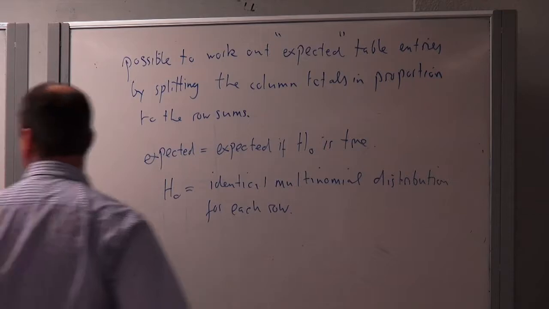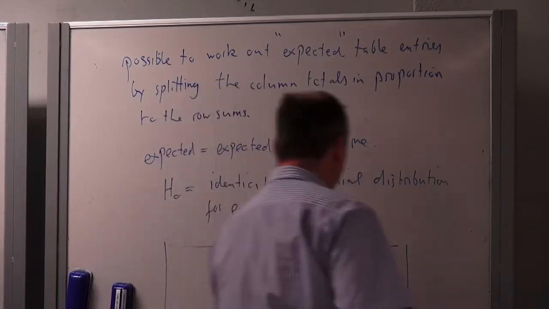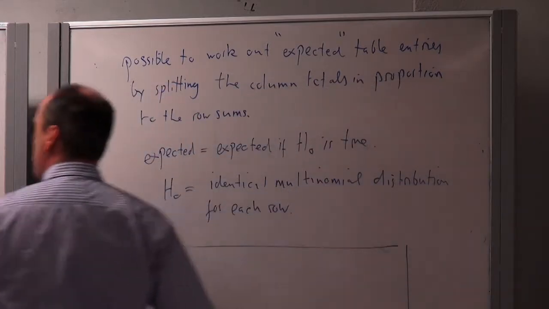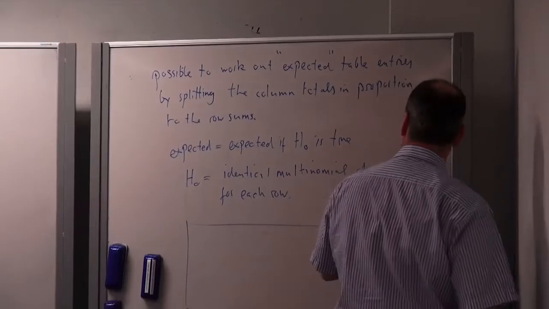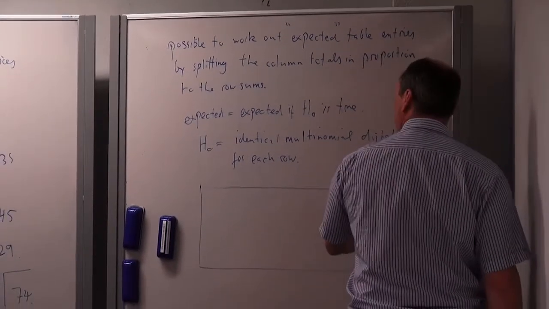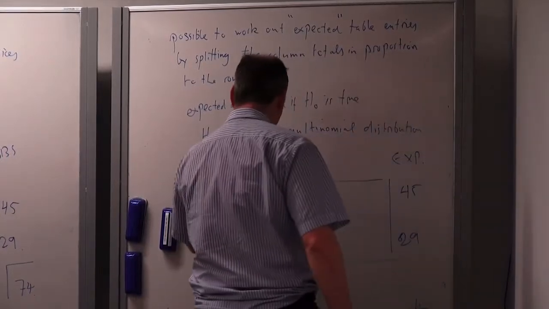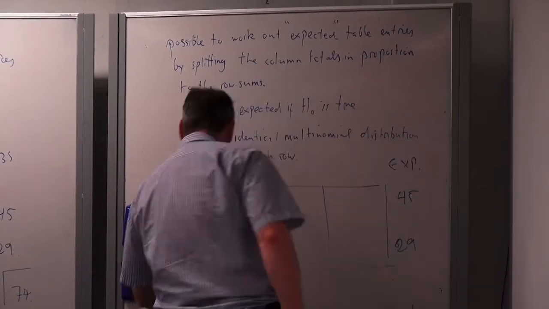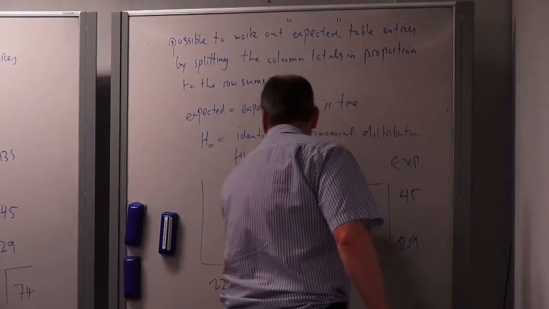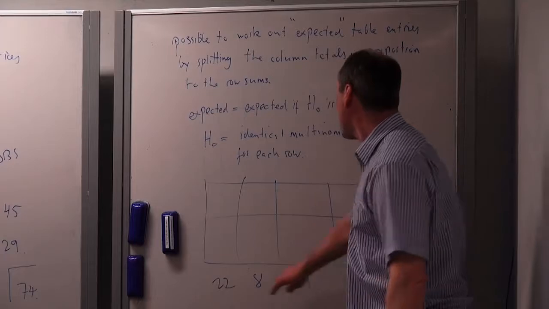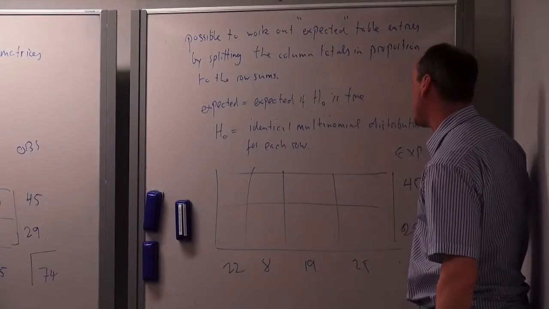Okay? So I'm just going to make my table here, and you'll see what I'm going to do. This is OBS. This is expected. So the row sums, the 45 and the 29 are the same. So here what I'm going to do is I'm going to take those 22 NAs and I'm going to split them up by this ratio here.